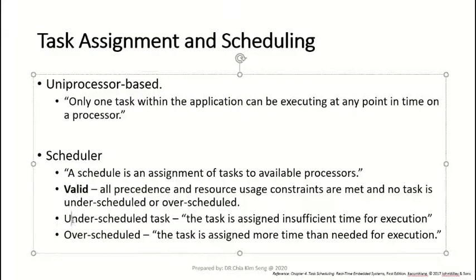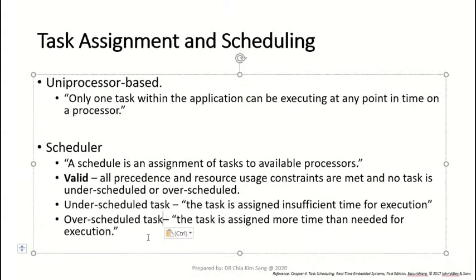Then there are two terms you can use to describe a schedule: whether it is valid or invalid. Invalid means that it can be under-scheduled or over-scheduled. A task that is over-scheduled means you give too much time to work; you assign more time than needed for execution, so you are wasting resources. Under-scheduled, on the other hand, means there is insufficient time for it to be completed.